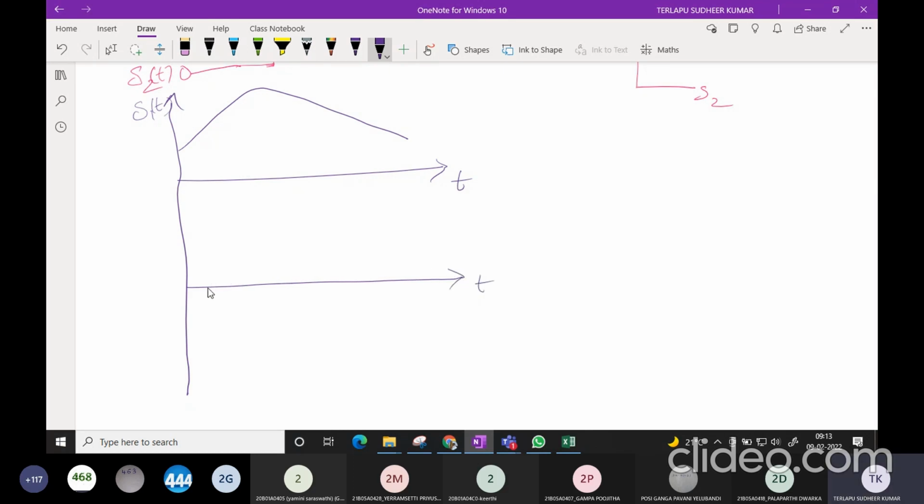So at regular intervals, my samples would be. So here I have a pulse like this. Because the amplitude is more, I can have a taller pulse, and then here also.